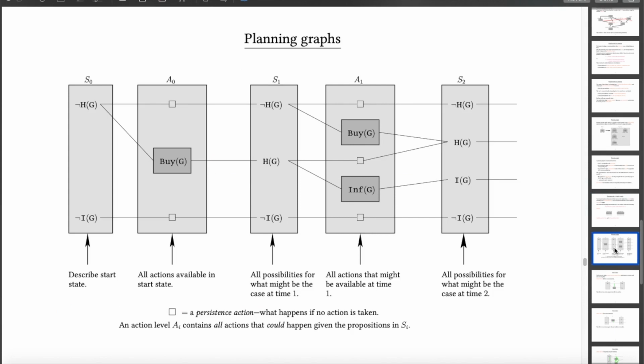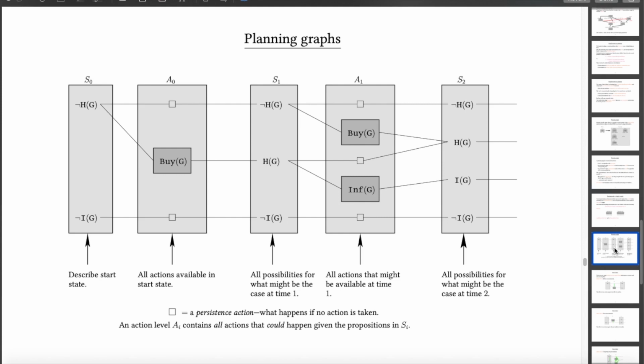Now the way in which this works is that we begin with level 0, in fact S0, because we divide levels into state levels and action levels. And level S0 here describes our start state, which is that we don't have the gorilla, and the gorilla is not inflated. Then we have the first action level, A0, and it contains all the actions that could be carried out at that point in a plan on the basis that their preconditions appear in the preceding state.